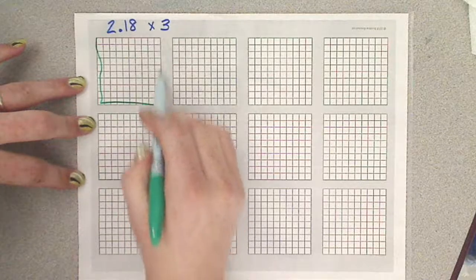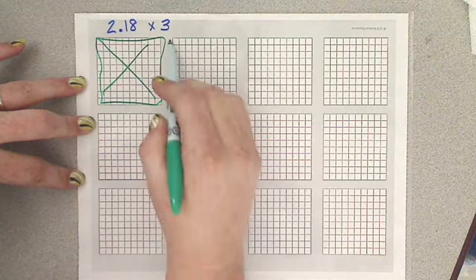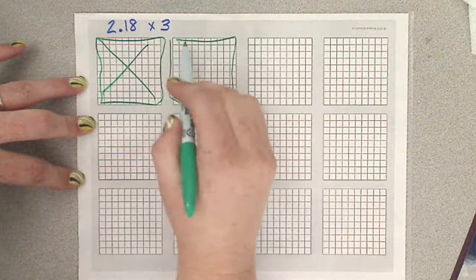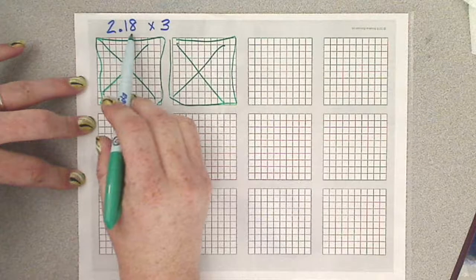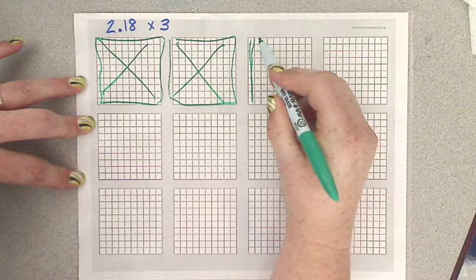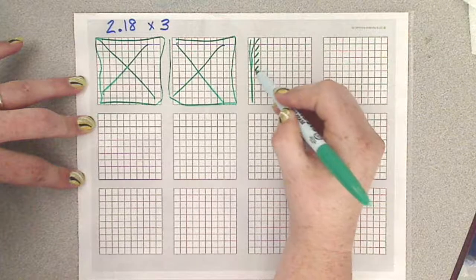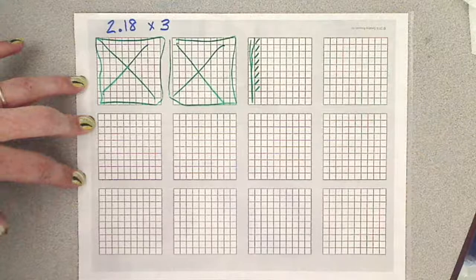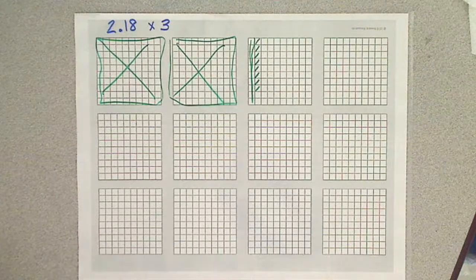So I'm just going to square it and box. So there's my 2 wholes, but now I need 18 hundredths. So I have 1 tenth and 1, 2, 3, 4, 5, 6, 7, 8. There we go. All right, so that's my 2 and 18 hundredths once.